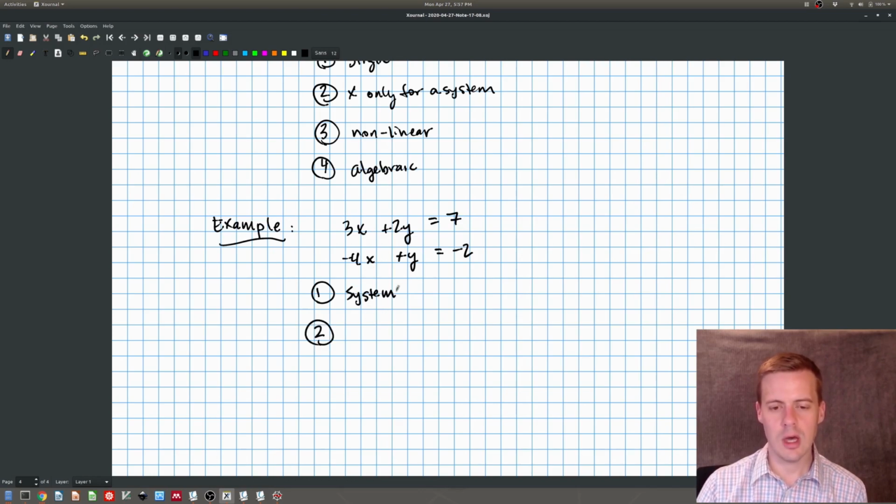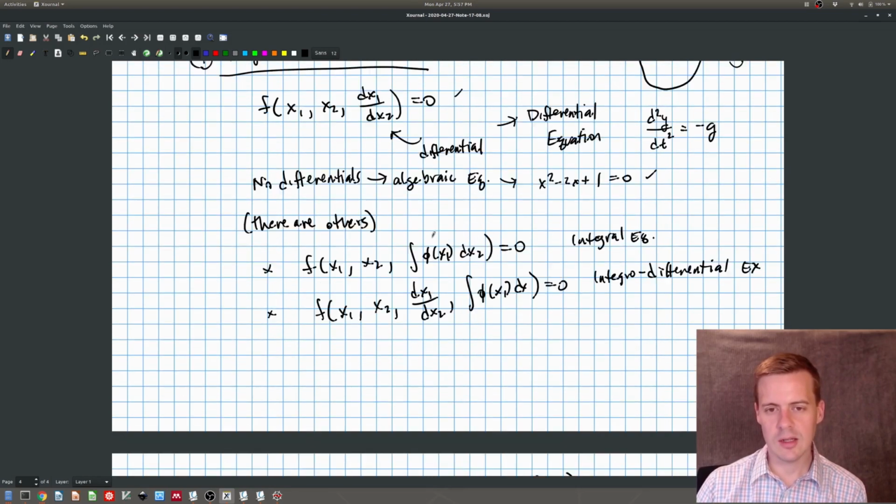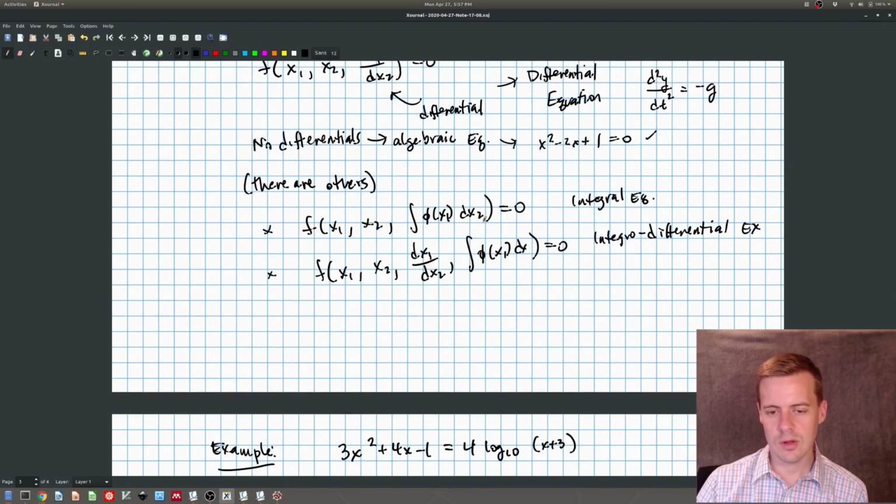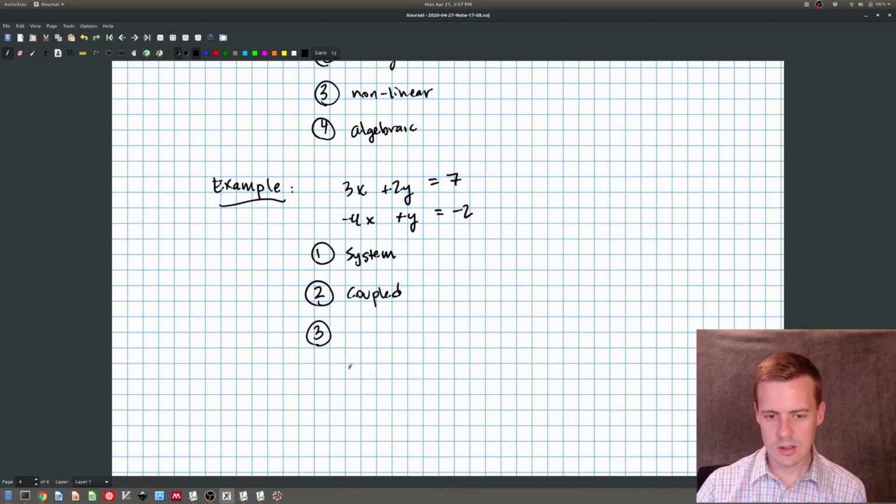What about coupled or uncoupled? It's coupled, because I've got x's and y's in both. Is it linear or nonlinear? I see no squares, I see constant coefficients. It looks just like this form here, constants times the values of the variables, so this is linear. And the last case, is it algebraic or differential? It's got no differentials in it, so it's algebraic.